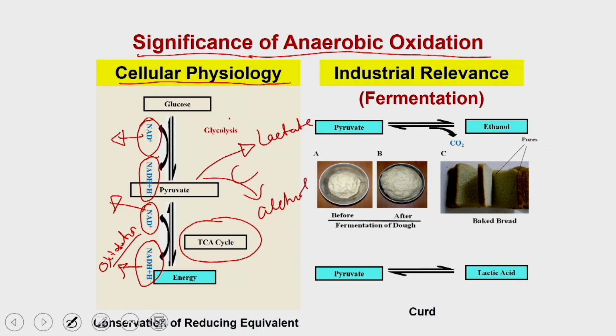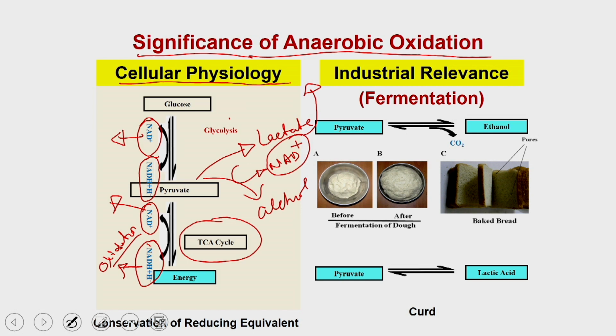And in these two processes, what is happening? You are actually generating the NAD plus, because you are utilizing the NADH which has already been preformed in the cell, and because of that you are going to generate a pool of NAD plus, and this pool of NAD plus can be used for the metabolic reactions or alternate metabolic reactions, to some extent until the oxygen is available for the cell.